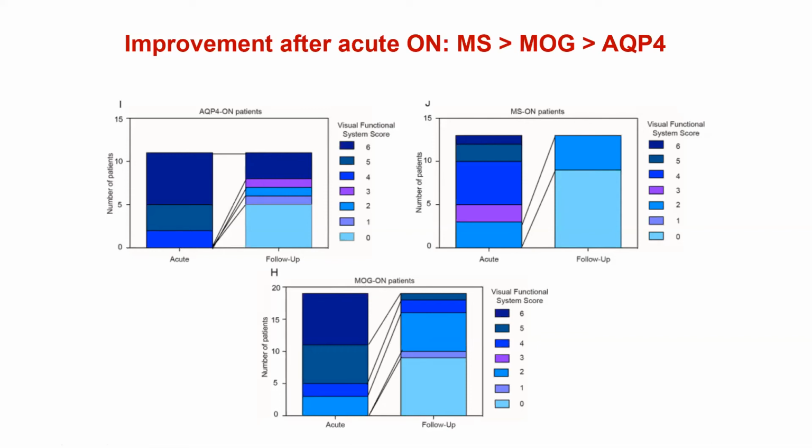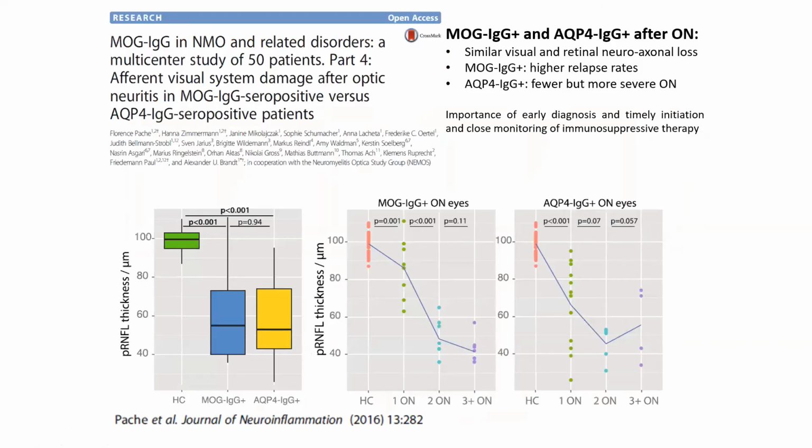But we should not be always too optimistic about the full recovery that is frequently described in people with MOG IgG antibodies, because the full recovery is less frequent in this condition compared with the people with MS. And also, we have to consider that in people with MOG IgG antibodies, there could be a relapse that further can compromise the visual outcome and the retinal nerve fiber layer thickness, which is an important aspect of axonal reserve.